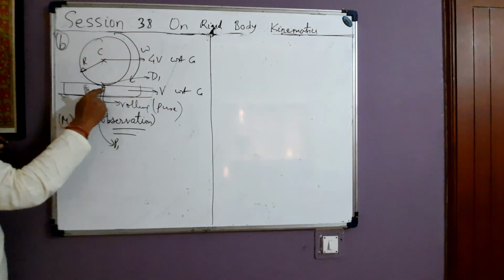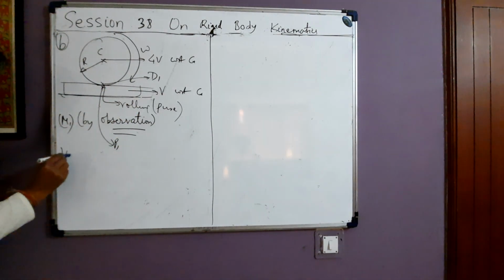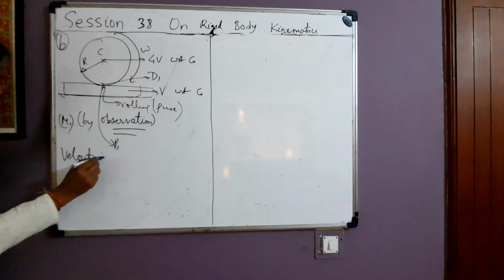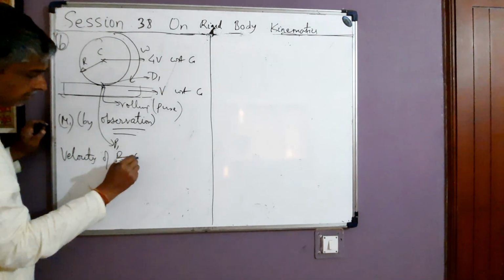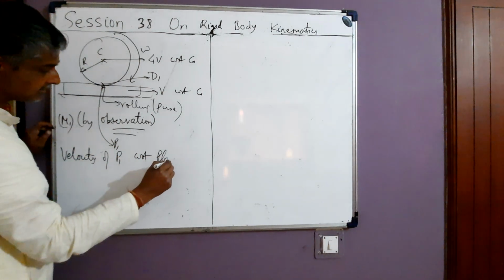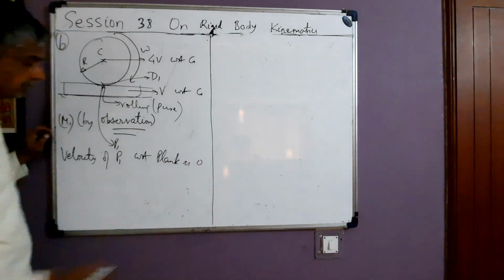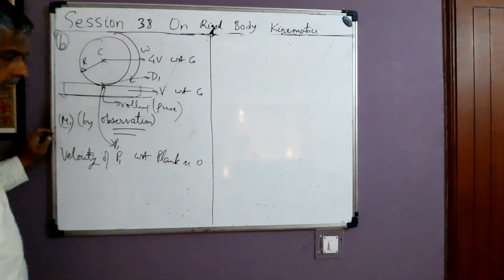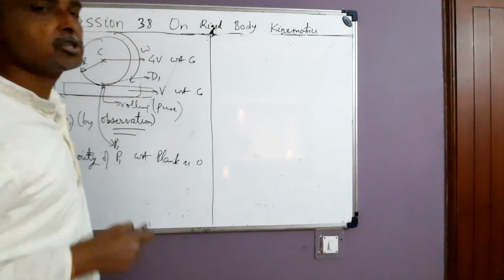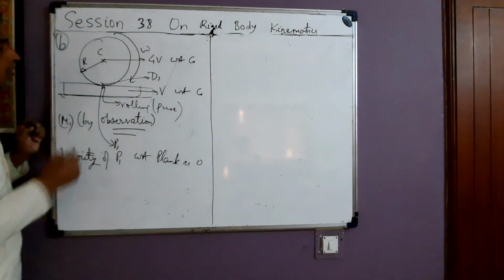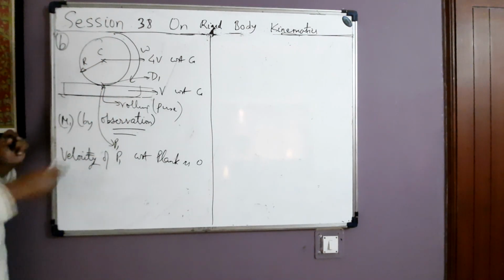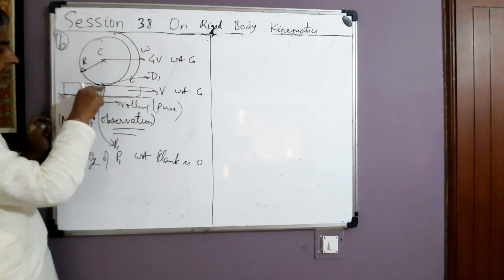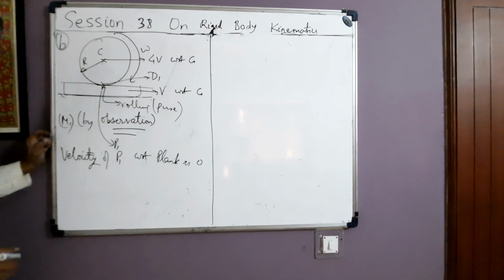P1 is the material point of the plank, so the velocity of P1 with respect to plank is 0, because P1 is a material point of the rigid plank. Now from the pure rolling criteria, D1 and P1 should have the same velocity with respect to plank.